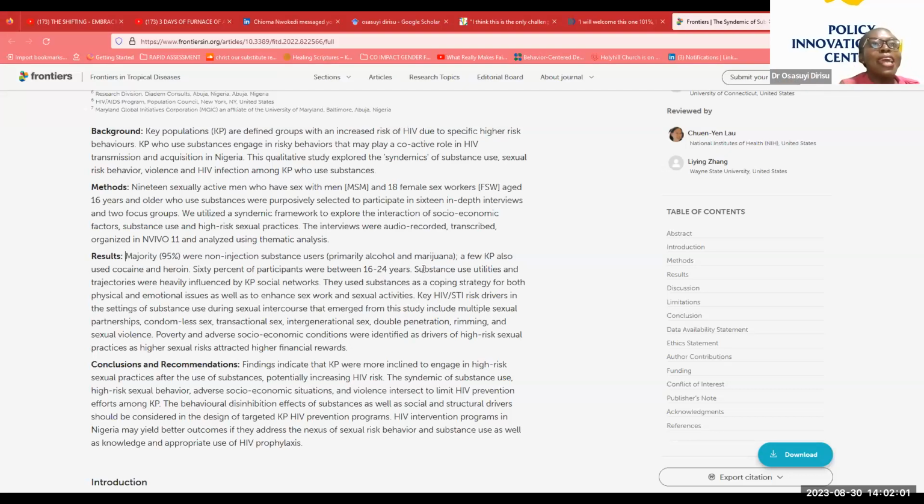Then your conclusion and recommendations. When you come to your conclusion and recommendations, you're trying to ensure that you are speaking not to the problem anymore. Because sometimes we read abstracts and we see that people are concluding and retelling us the problem. No, you already gave us the problem in your background, and your results spoke a bit to what the problem is.